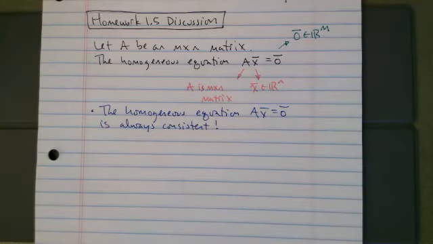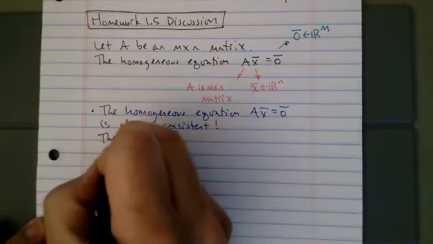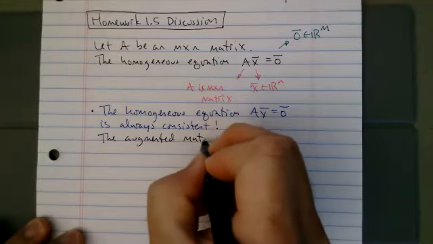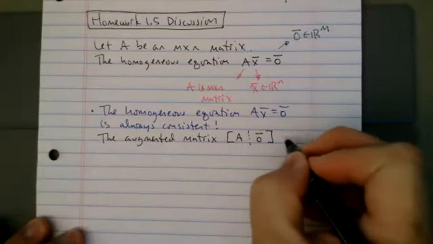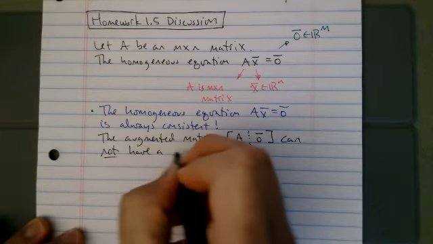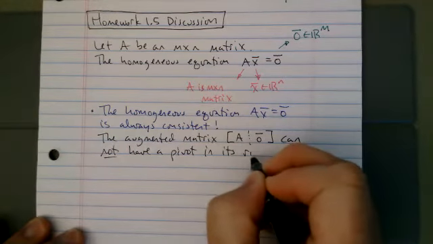The reason that the homogeneous equation AX equals 0 is always consistent is that the augmented matrix [A 0] cannot have a pivot in its rightmost column.